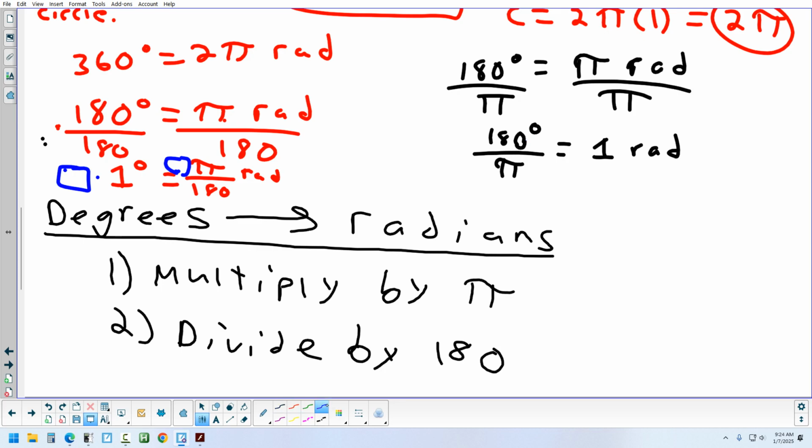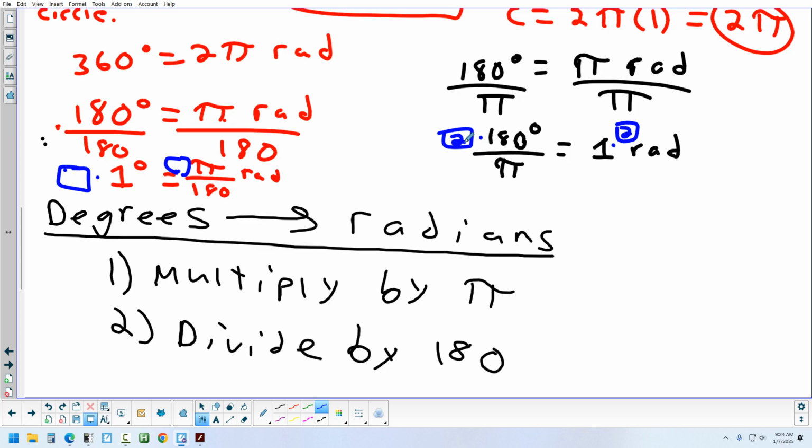So now, let's say instead of 1 radian, I want to convert 2 radians to degrees. What would I multiply each side by? 2. Multiply by 2. And now it says 2 radians equals, and you've got a calculation you can do.